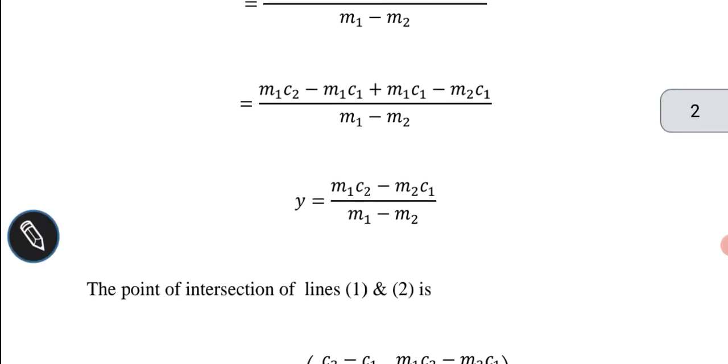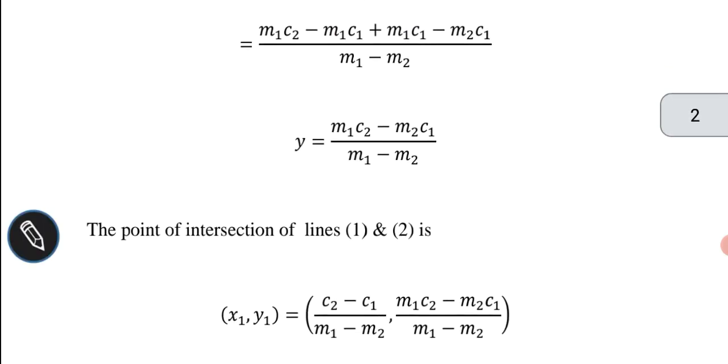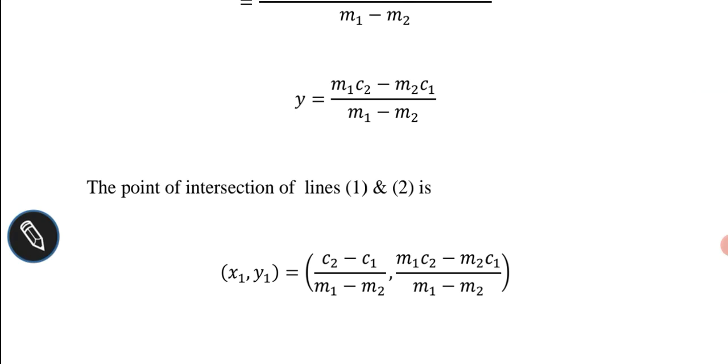Therefore the point of intersection of lines 1 and 2 is x1 comma y1, where the value of x is c2 minus c1 divided by m1 minus m2, and the value of y1 is m1 c2 minus m2 c1, the whole divided by m1 minus m2.